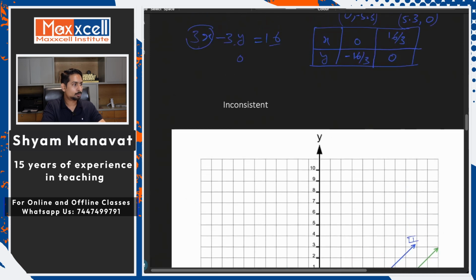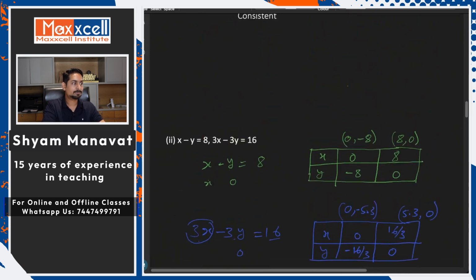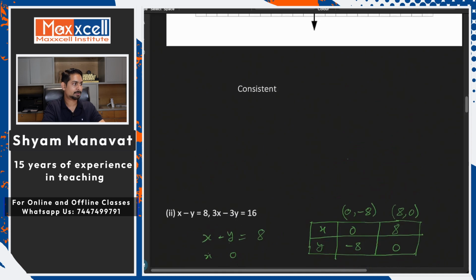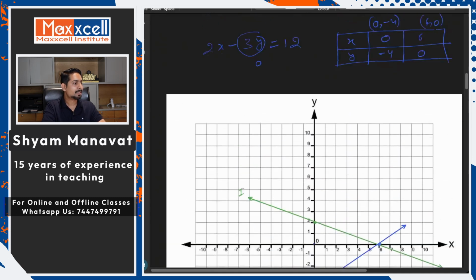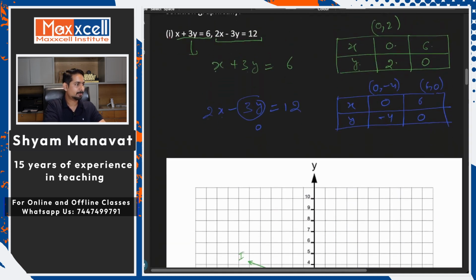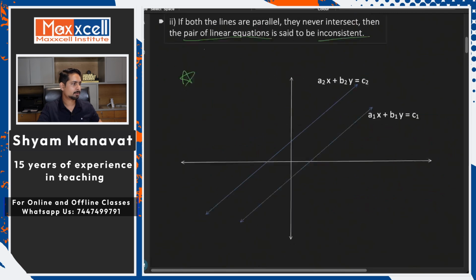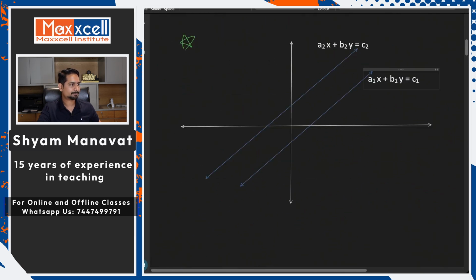Now how the slope works depends on the coefficients of the variables. Look at this. The coefficient of x here is 1, y is 3, and the constant is 6.